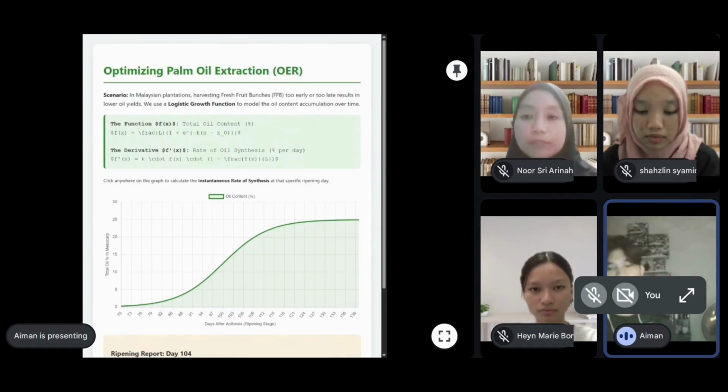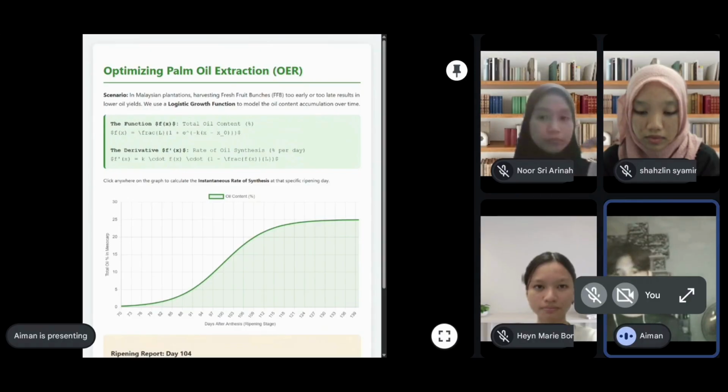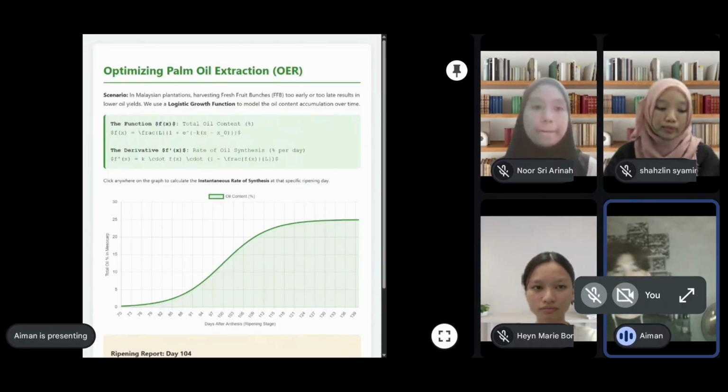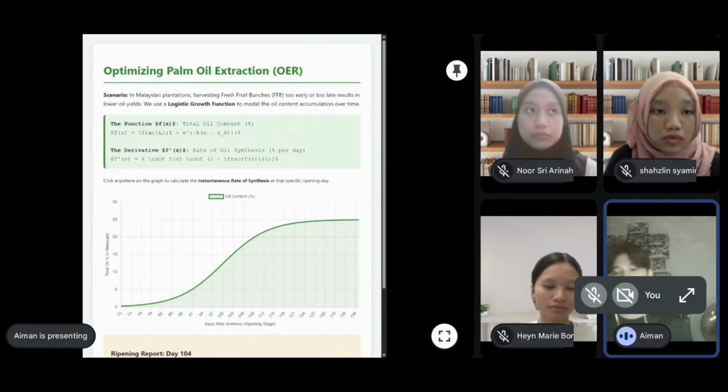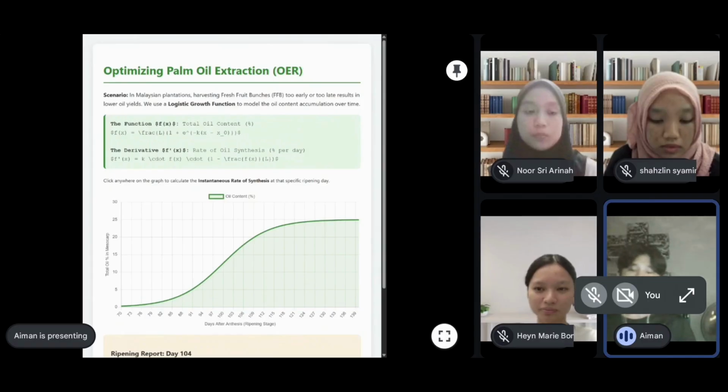This problem affects the palm oil product industry in Malaysia because the inefficient process can increase manufacturing cost and reduce the quality of the final product. In addition, it may also affect the country's economy since palm oil is one of Malaysia's major export products.